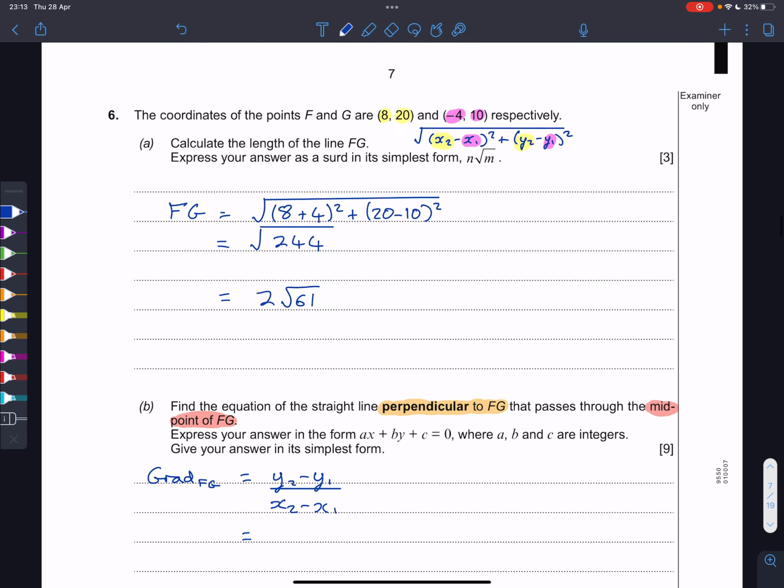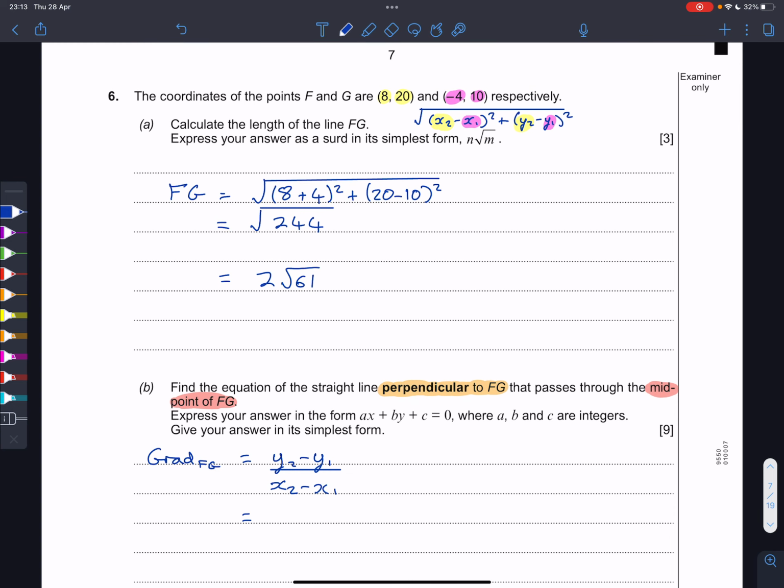So my x2 and my y2 are these yellow ones, and the pink ones are my y1 and x1. It doesn't matter if you change them around, but as long as you're consistent, the first ones have to be from the same pair. You don't want to take 8 or 20 as your y2 and then negative 4 as your x2. They've got to be consistent.